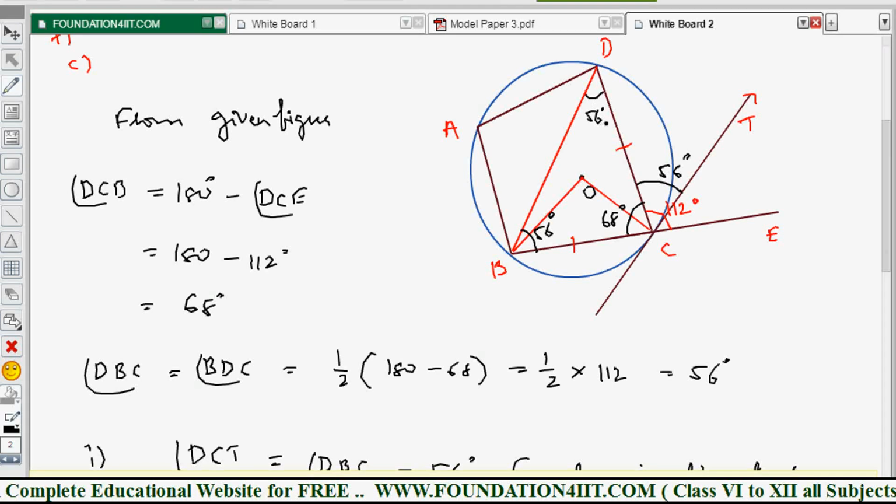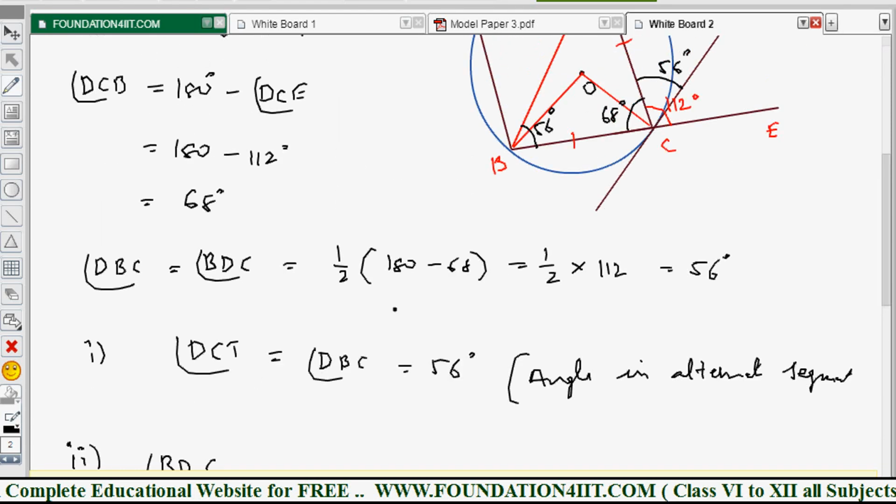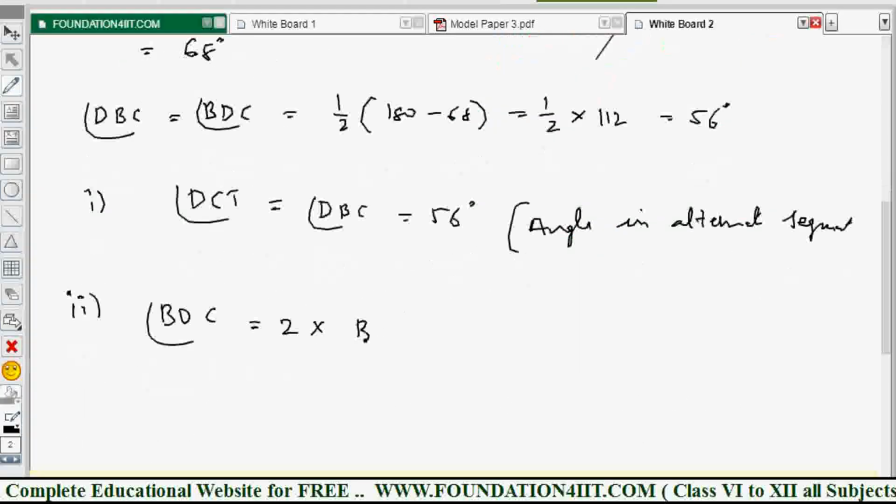So the second one is to find out angle BOC, which is equal to 2 times angle BDC. That is equal to 2 into 56, which is 112 degrees.